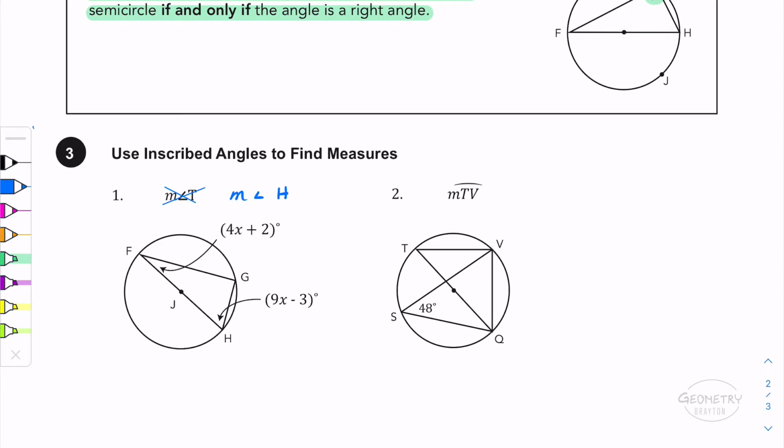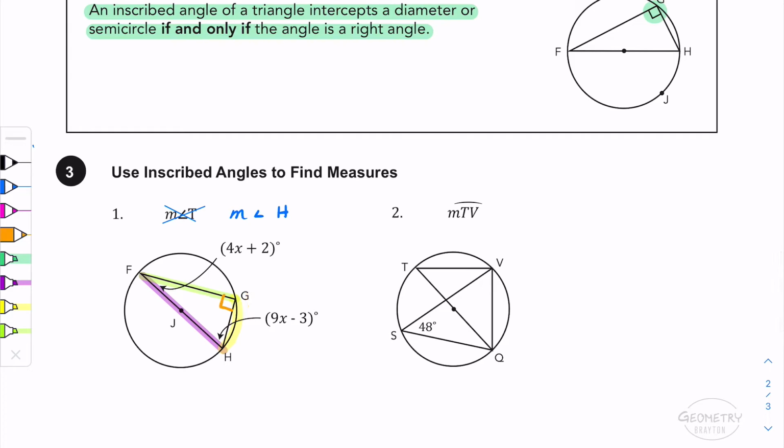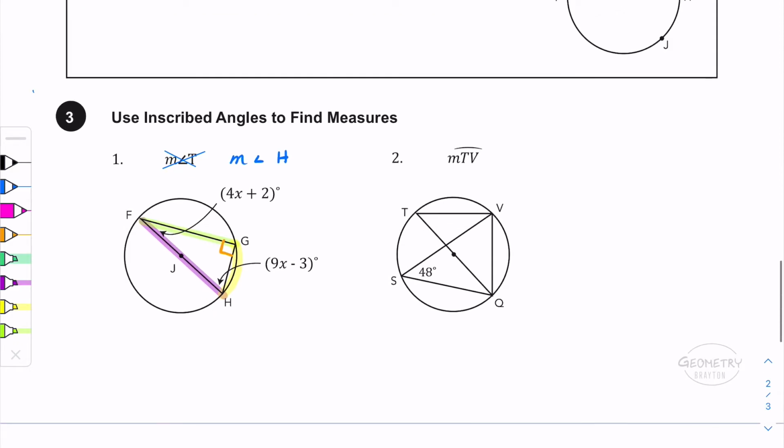Okay, so because we have a diameter right here, and we have a chord here, which forms our intercepted arc here, we know that this is going to be our right angle. Okay, so knowing that this is a right angle, we also can see that we have a triangle. This is a triangle, and triangles sum to 180 degrees on the interior.